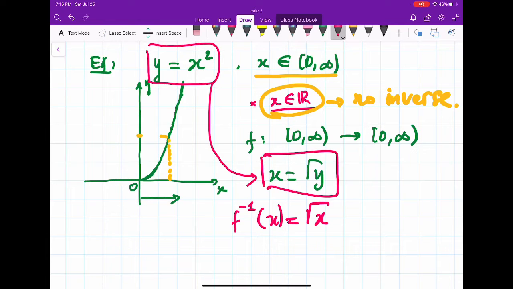If you graph this function, you get the following. Here is 4, so you get something like this. This is the graph of the inverse, that is square root of x.